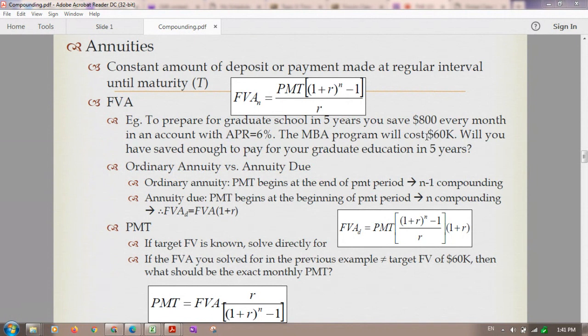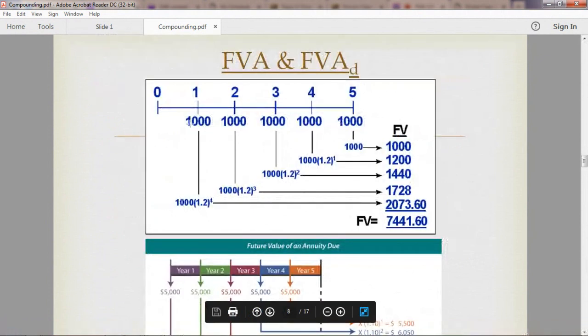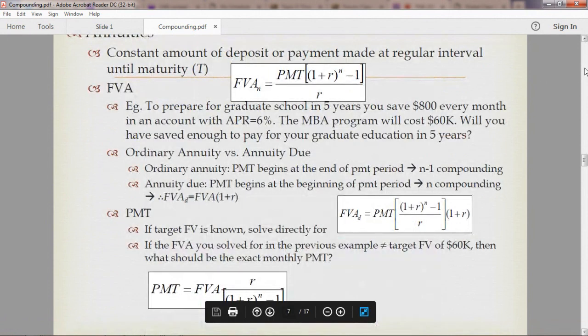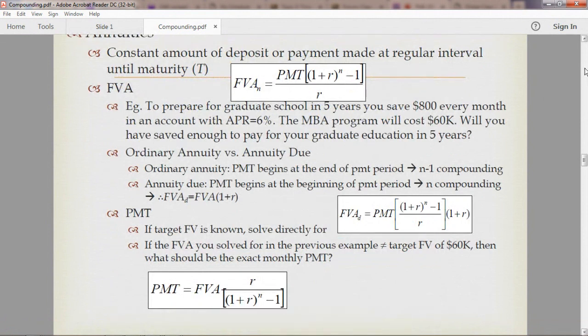So if the interest rate is good, think about all of the $800 earning interest. The first one earns interest 59 times, the second one 58 times, and so on. That may do the job. It may help you achieve your target goal of 60K, right?